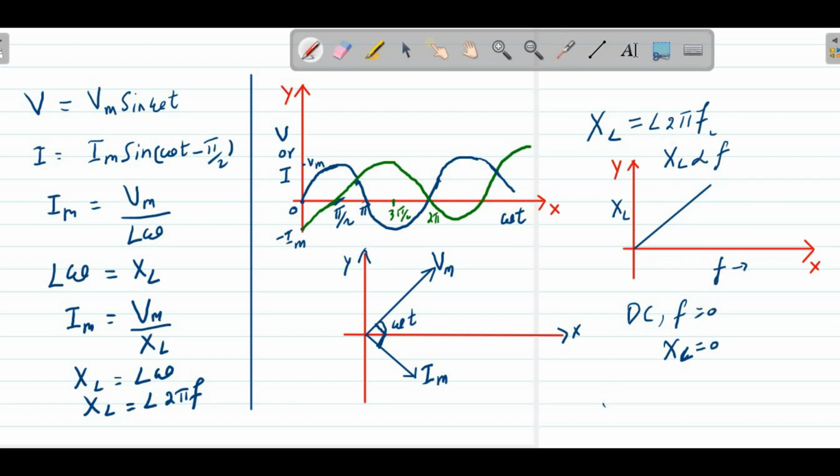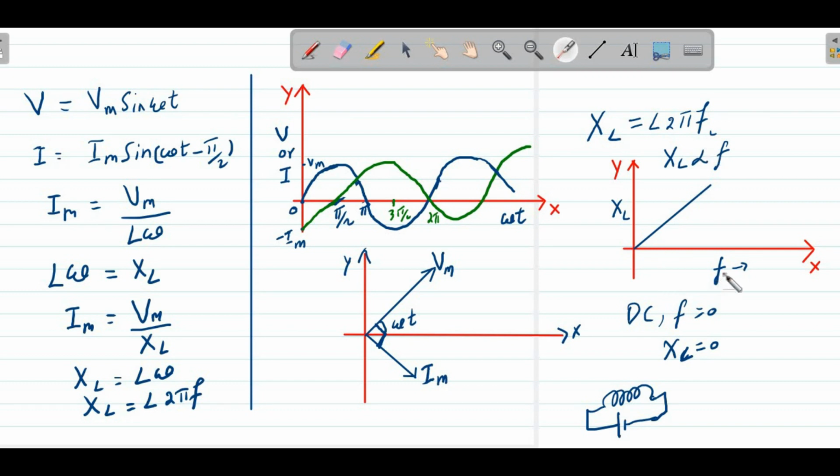This inductor will act just like a normal wire in a DC circuit because DC frequency is 0. Frequency 0 means XL is 0, no inductive reactance. So there will be no lagging or leading of current. It means an inductor acts only in an AC circuit, where the current keeps on varying and changing.